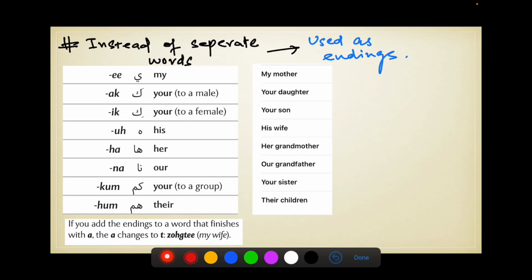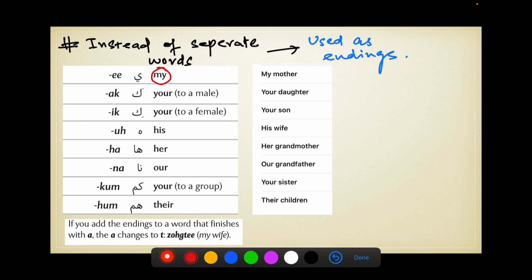We don't use words like my, your, his, her, our, or their as separate words in Egyptian Arabic. Rather, we use them as endings. For example, we already know this one for my.